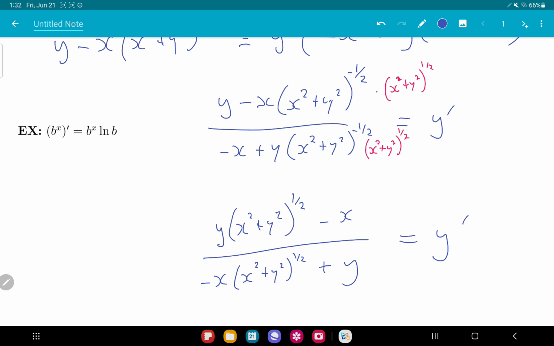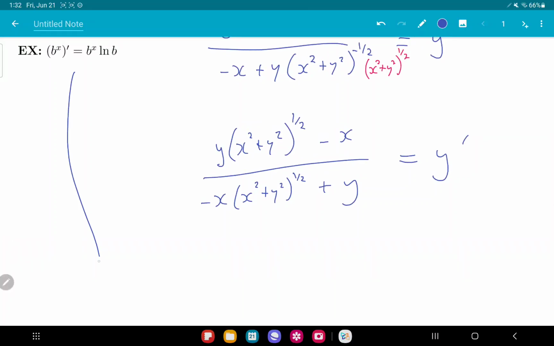Okay, next. Look at this example. Pause and copy if you need to. Okay. So I'm going to prove this equation. My example is to prove this thing. So how am I going to do that?